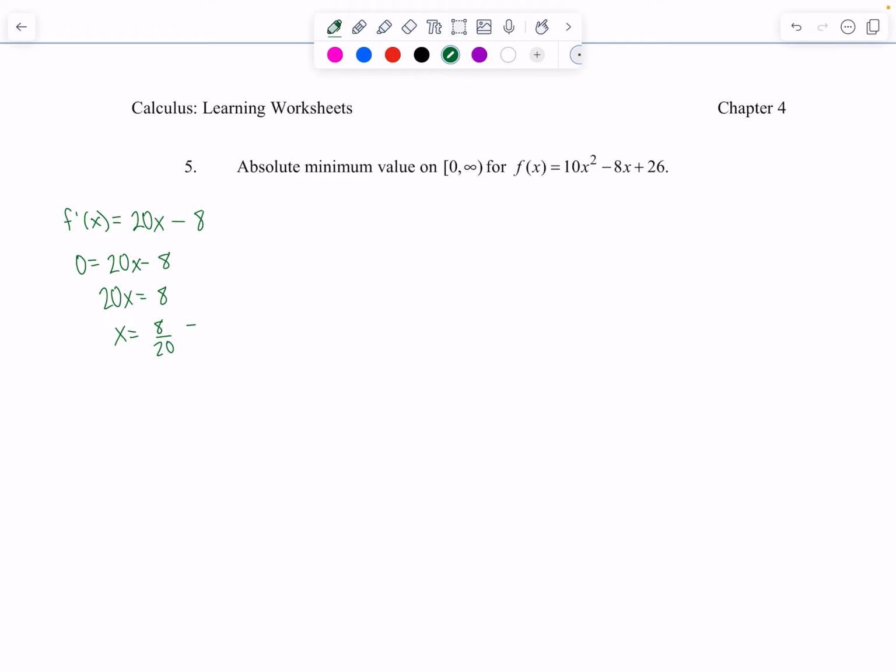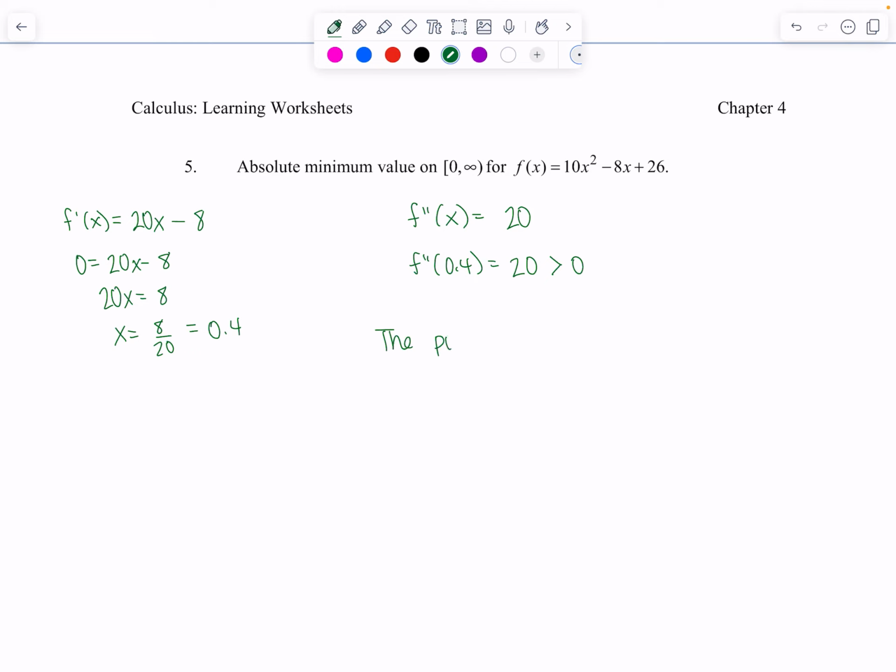We can write that as 0.4. So let's use our second derivative to test this. The derivative of 20x is 20, and the derivative of 8 is 0. So if we test 0.4, it will always be 20. This is positive.